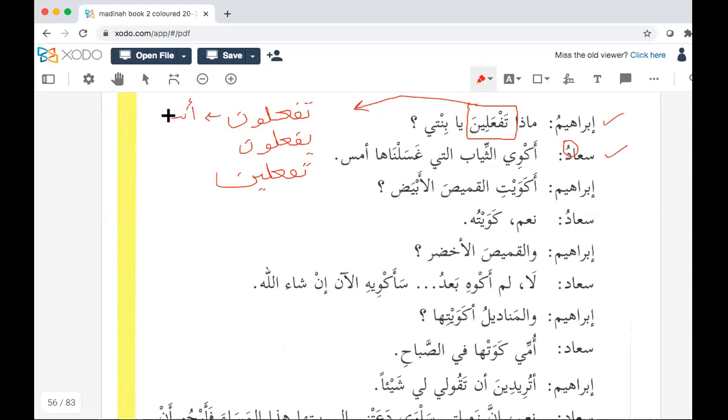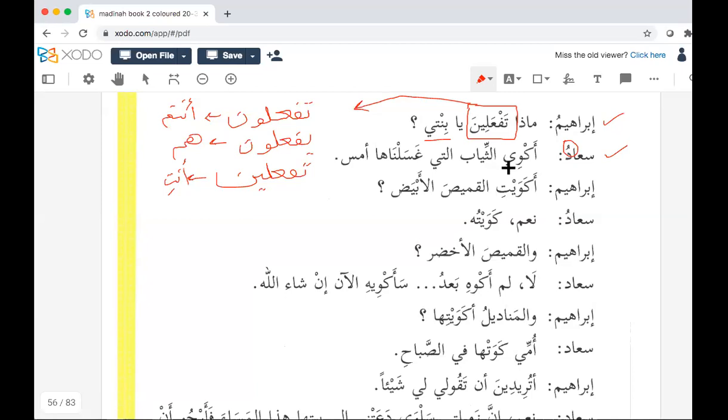Antum taf'aluna. And yaf'aluna is hum. Right? Taf'alina is anti. So he said, ماذا تفعلين يا بنتي? Okay, so that's clear now that Su'ad is Ibrahim's daughter.